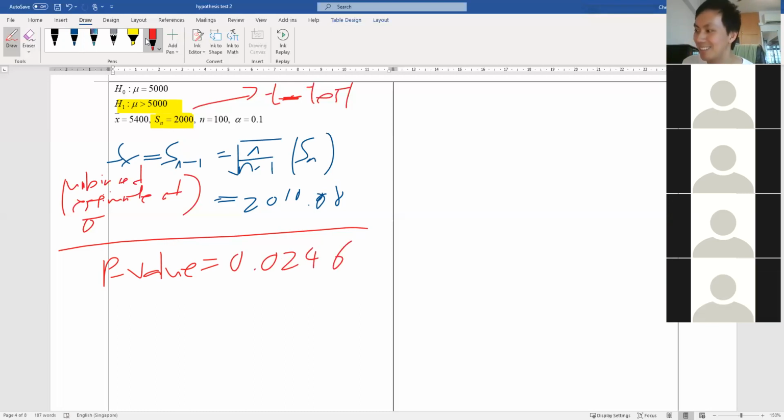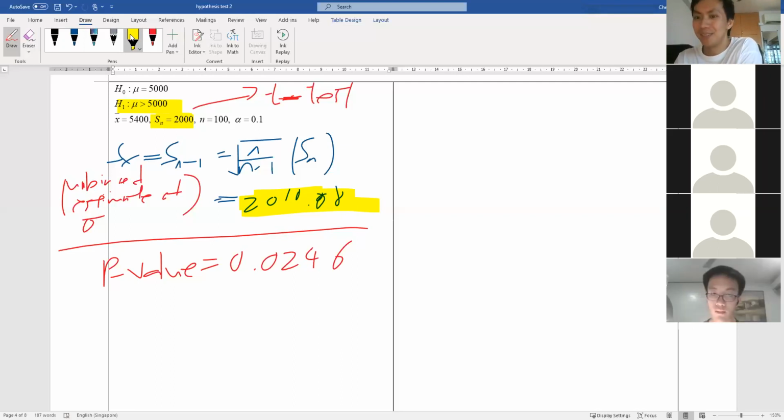T-test, right? Then your Sx is this. Sam, you got the value now? I think your GDC is broken. Oh, okay, I keep on doing the wrong tail test. Edward, you got this also? Okay. So this one, your p-value is less than your alpha, so we will reject.